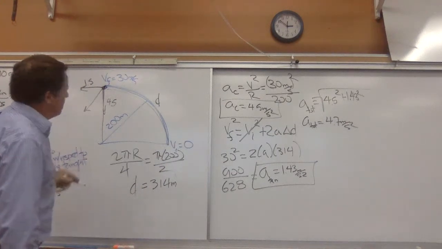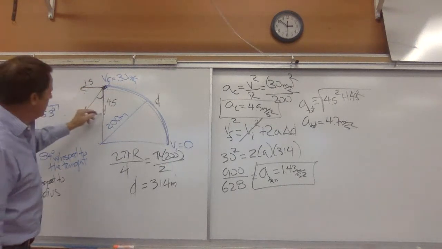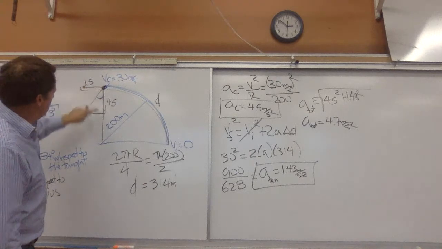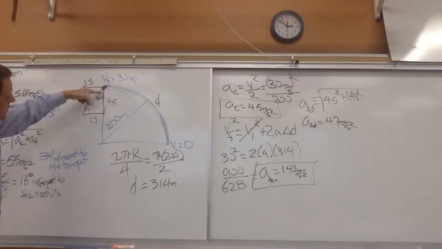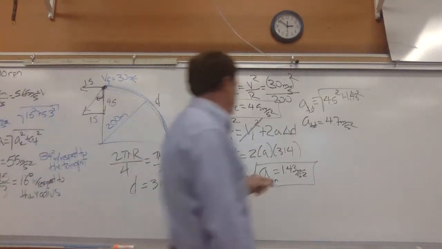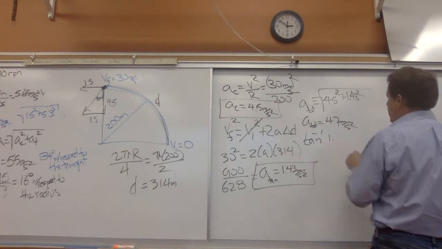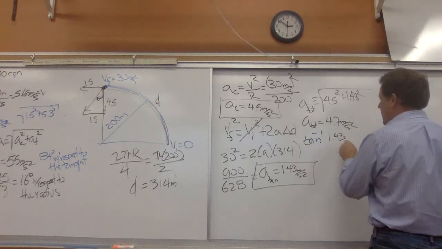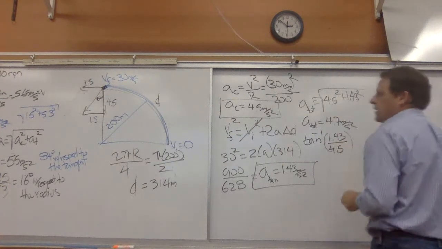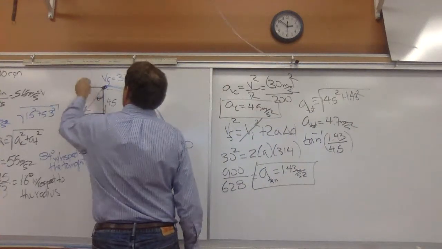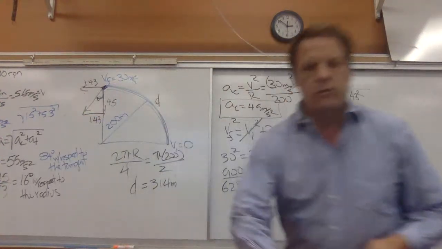If we want to measure this angle with respect to the radius, remember, vectors can be moved, so we take the inverse tangent of the opposite over adjacent.